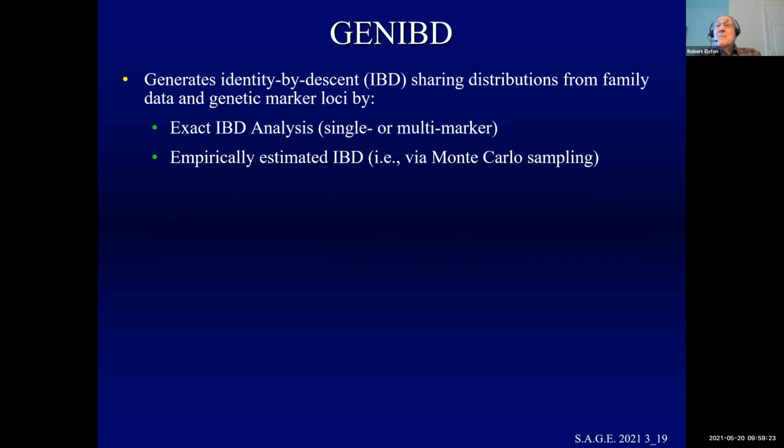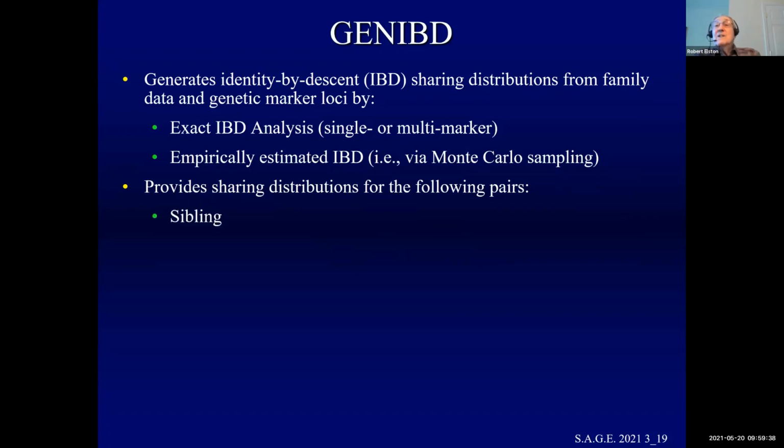It does it empirically via Monte Carlo sampling, and it provides sharing distributions for the following pairs: siblings, half siblings, avuncular, grandparental, first cousin.